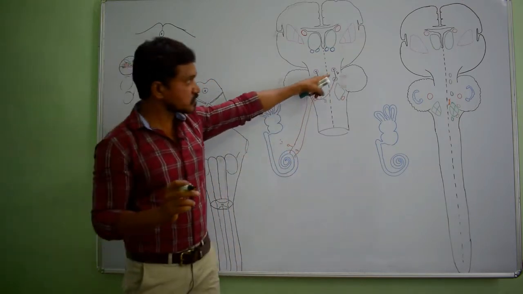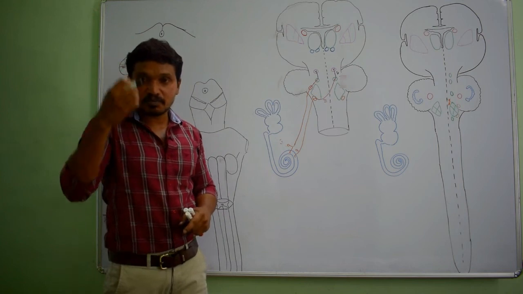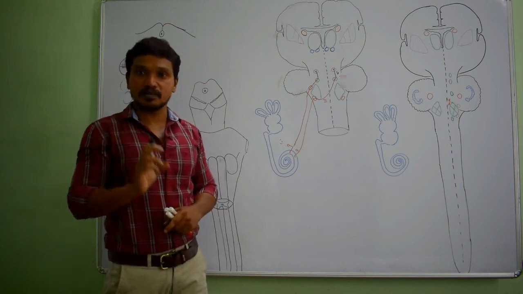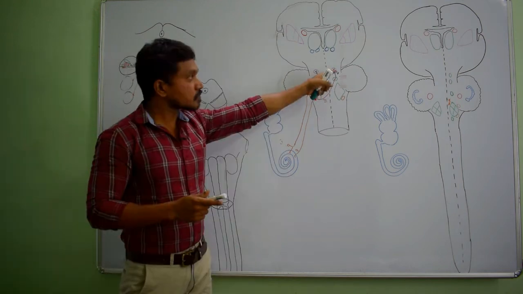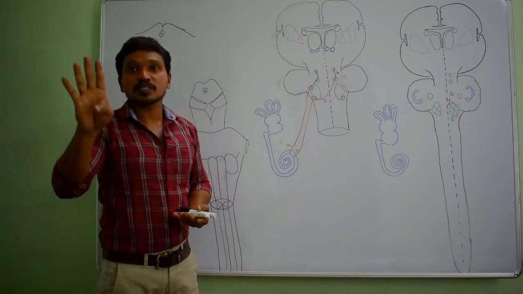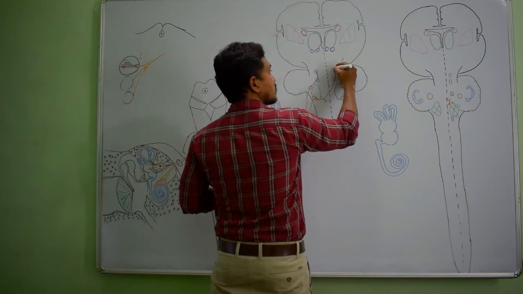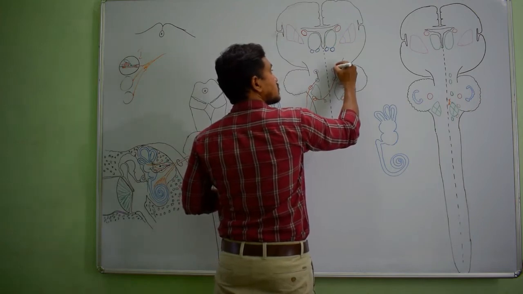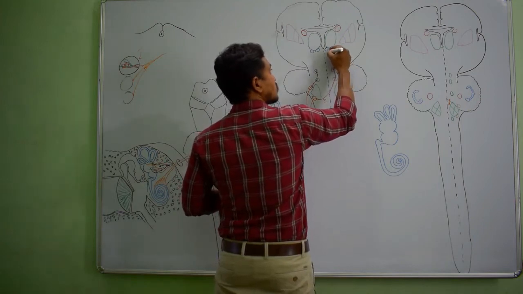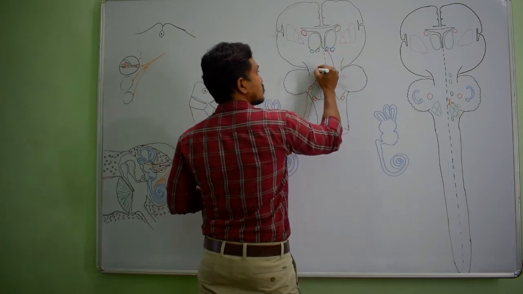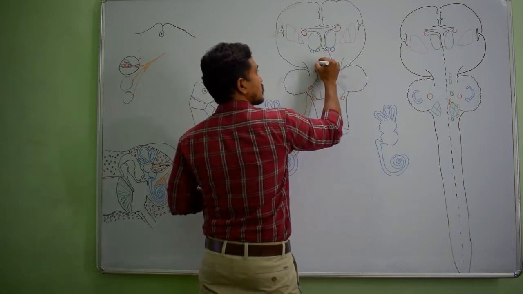That means these fibers form one bundle, and this bundle we call lateral lemniscus. Then from the inferior colliculus, fourth order neurons will start. Those fourth order neurons reach the medial geniculate body.